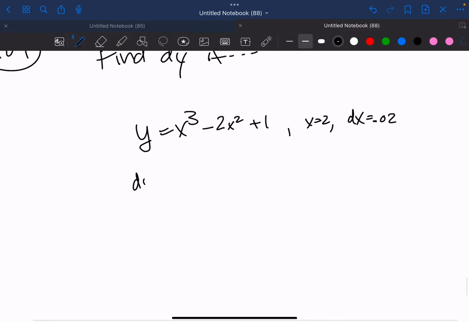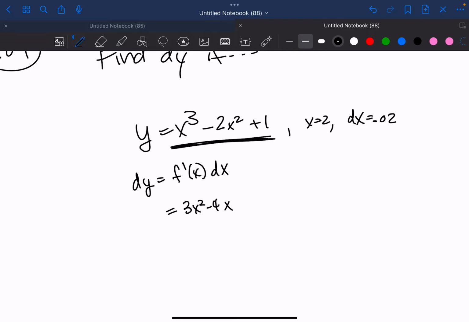So don't forget dy is just equal to the derivative times dx. You know that because dy over dx is equal to the derivative. The derivative of this thing up here is just 3x squared minus 4x. And then dx, right?